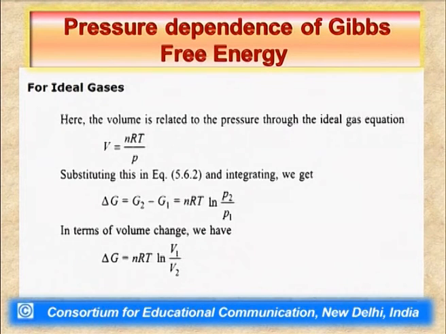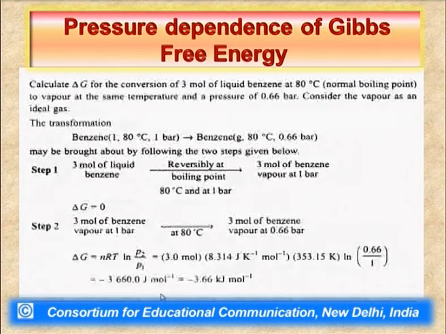These are two equivalent equations which tell us that the Gibbs free energy for an ideal gas changes by this much for a particular change in pressure or volume. Moreover, with increase in pressure the Gibbs free energy of the system increases, and with increase in volume it decreases. In the volume expression, V1 is the initial volume and V2 is the final volume; as volume increases, V2 is higher, so this fraction will be less than 1, and therefore this value will be negative.